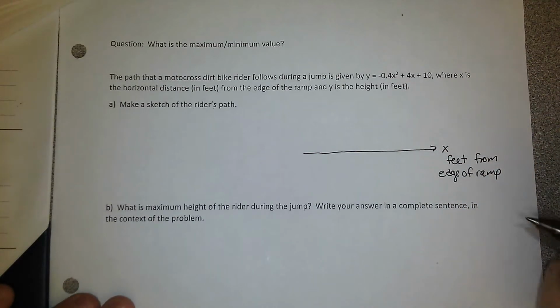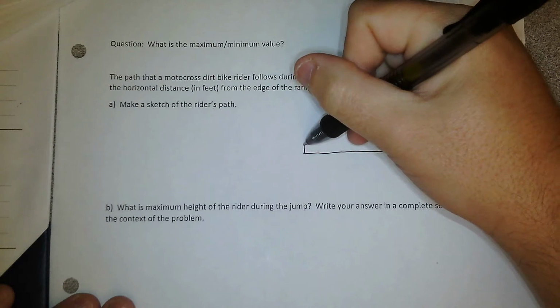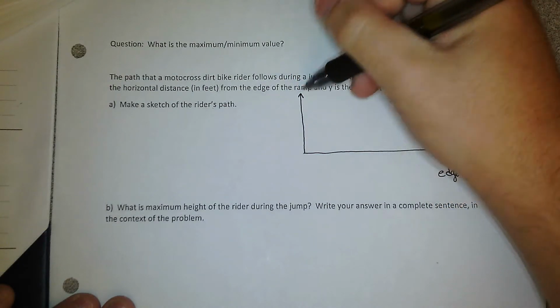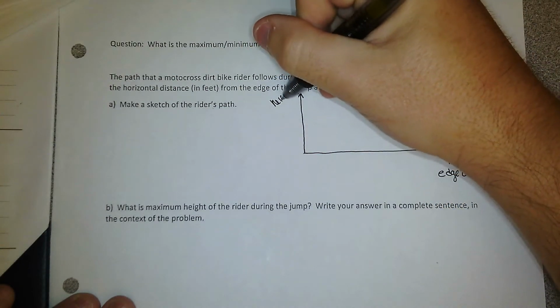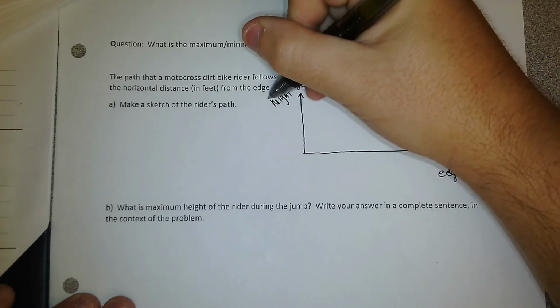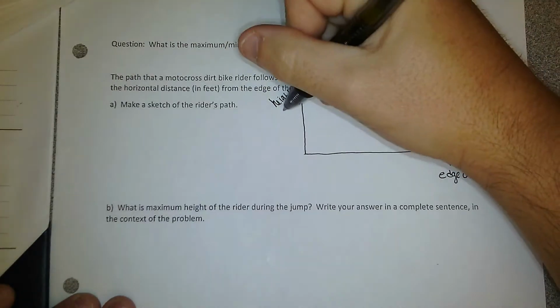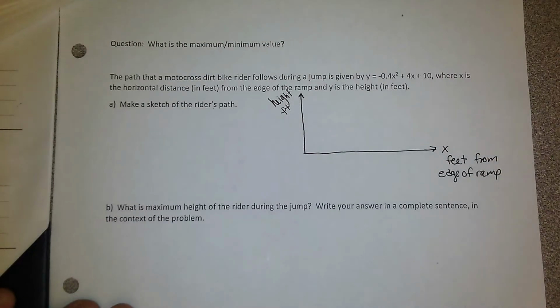And y is the height in feet. And here's 0. So we need to sketch the path of the motocross dirt bike rider.